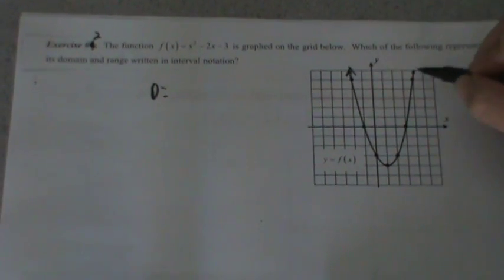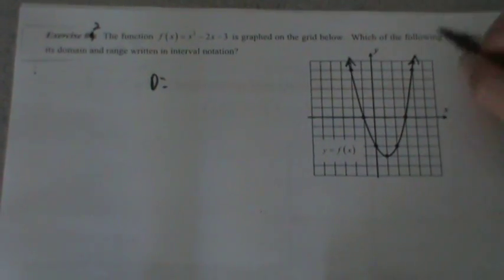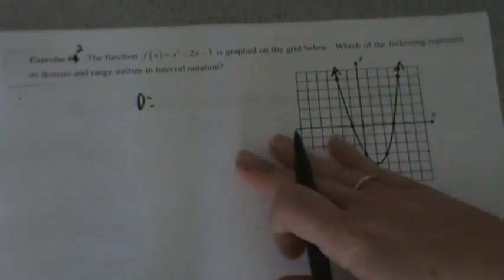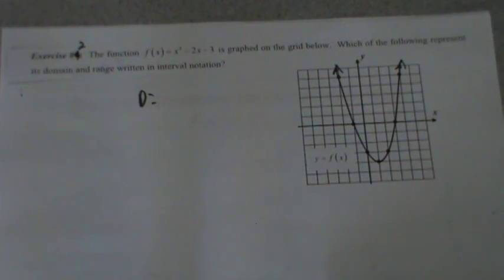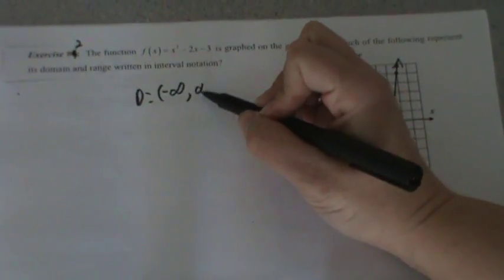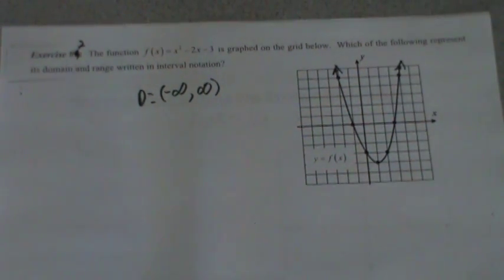In this case, because I have arrows at the end of these, this graph is constantly going to the left and to the right. So there is not an ending point or a beginning point on either side. When we do not have ending or beginning, we say it goes from negative infinity to infinity. Notice that I have parentheses instead of brackets, because as I said earlier, infinity cannot be included because we don't have a definite number there.